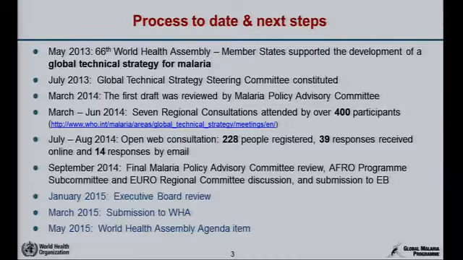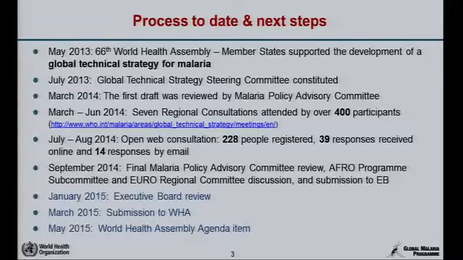An open online consultation process was also launched, and some feedback was also incorporated or certainly discussed, and a set of different draft documents were produced until the Malaria Policy Advisory Committee reviewed a close to final draft in September 2014.